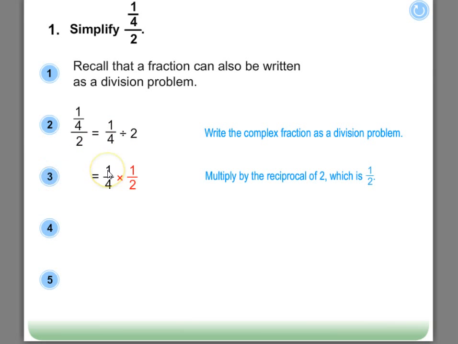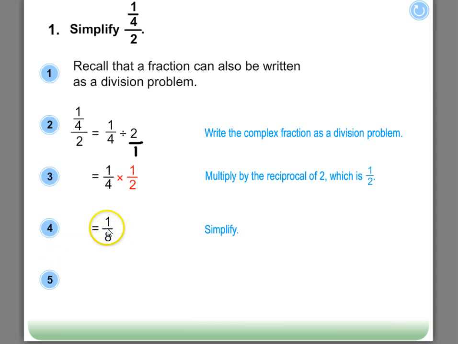Then we just follow the rules for dividing fractions. So we have 1/4 times 1 over 2. Please remember that there is a 1 below the 2, so we need to multiply by the reciprocal. And then we just multiply the numerators and the denominators, and we get 1/8.